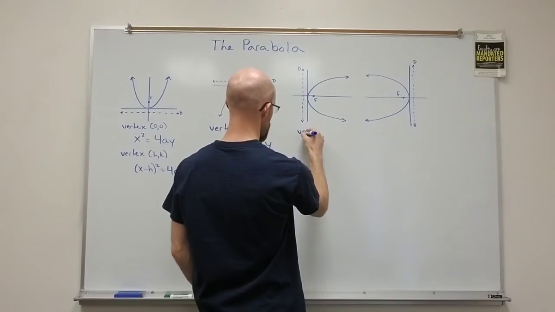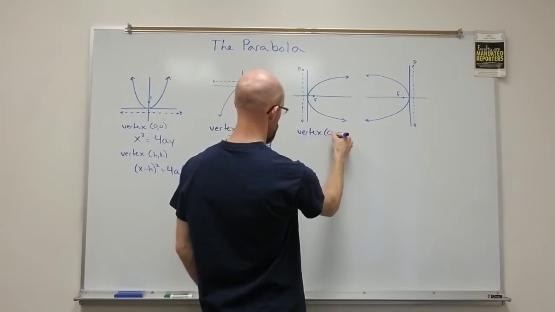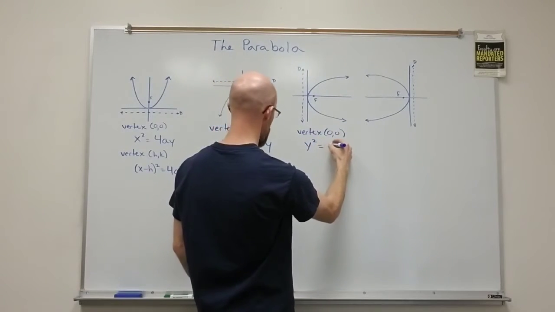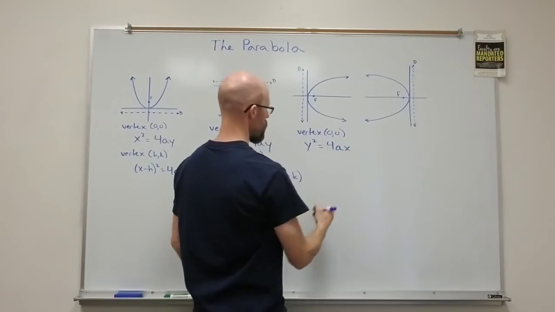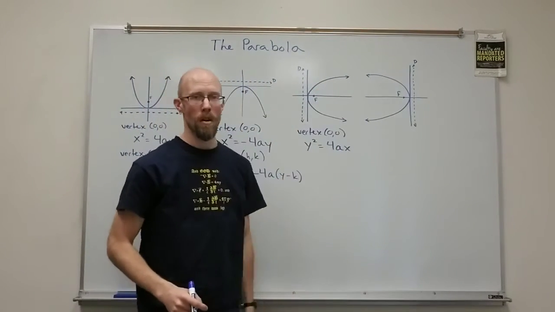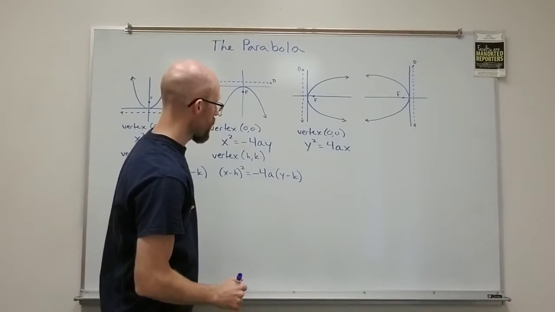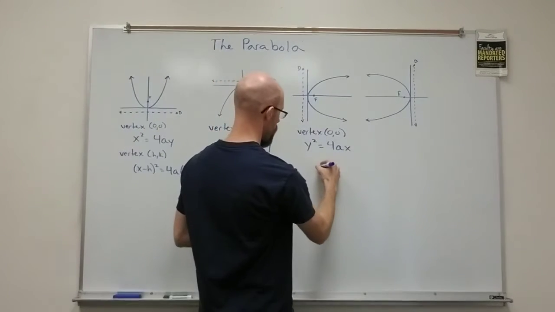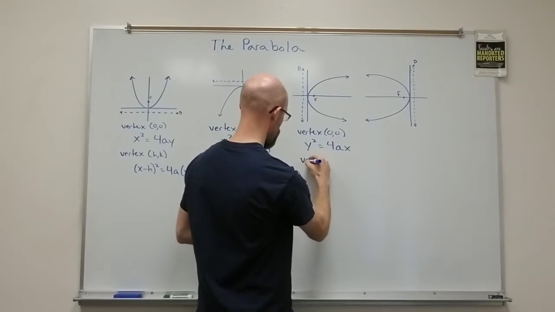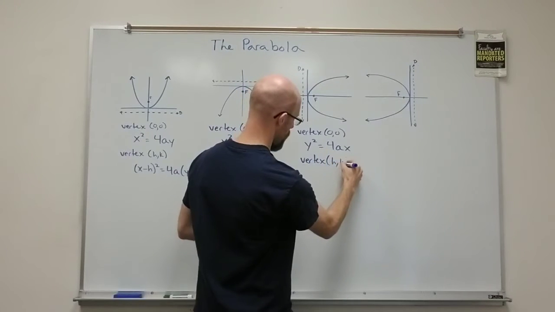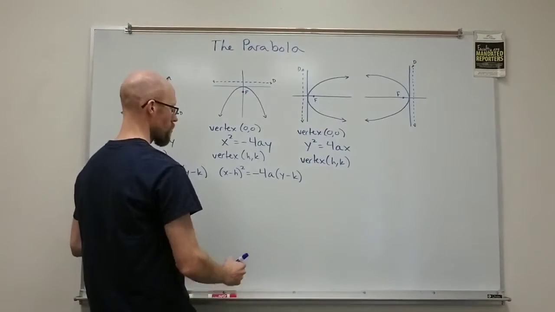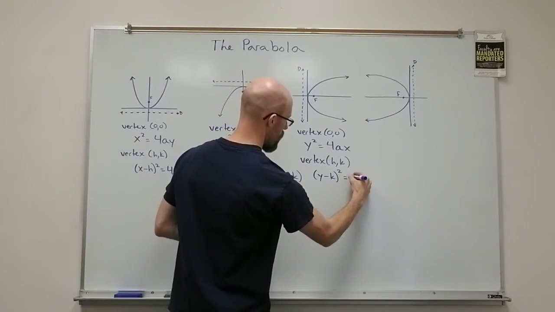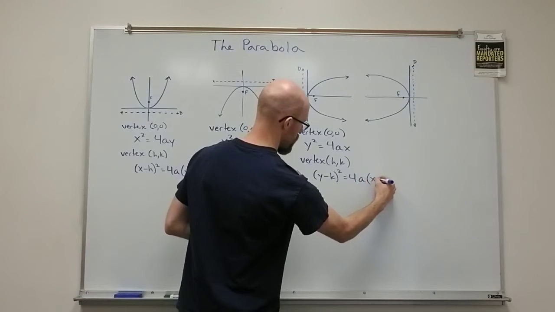So with a vertex again at 0, 0, you have y squared equals 4ax, and of course the positive will make this open to the right. And of course, if you were to shift this, the same shifting occurs. If the vertex is at h comma k, then the formula that we're going to use is y minus k squared equals 4a times x minus h.